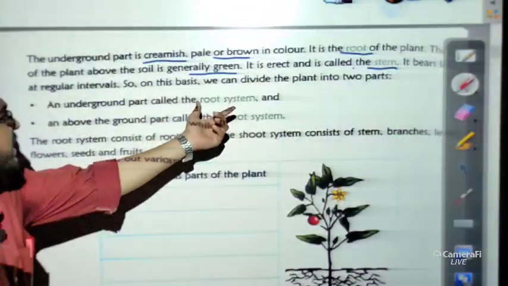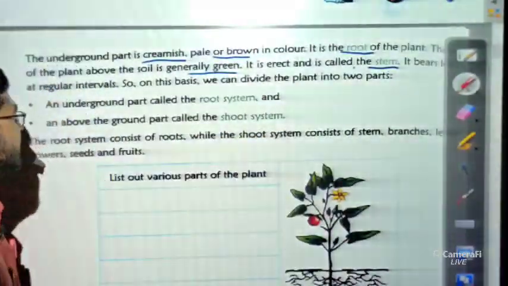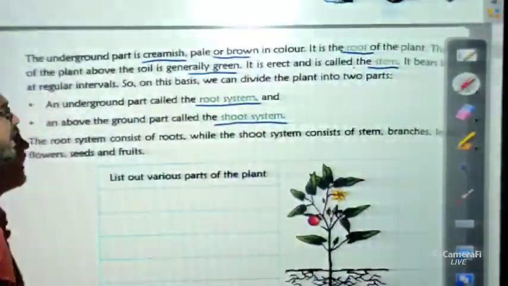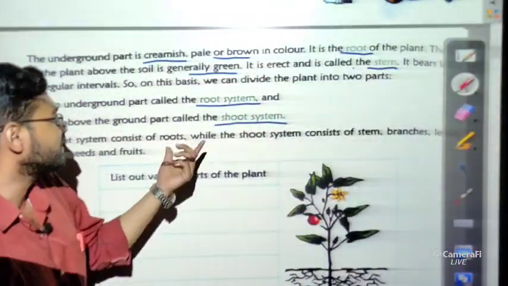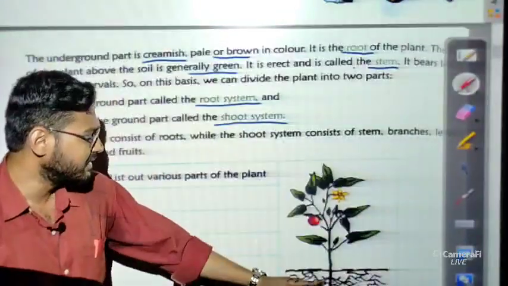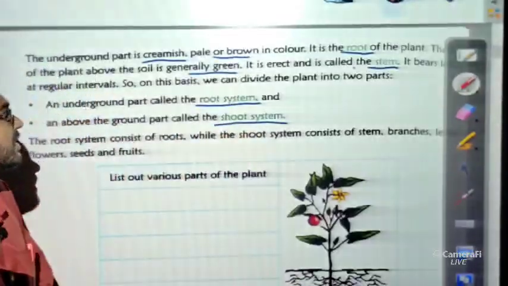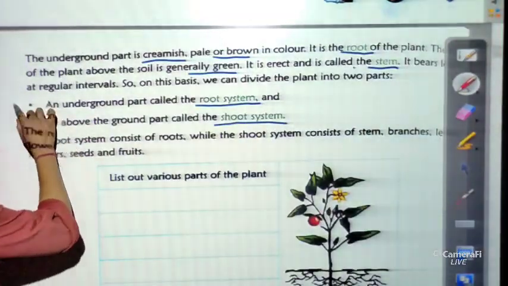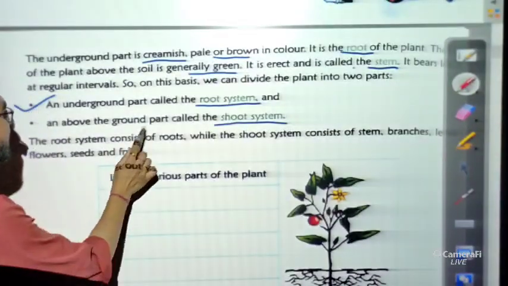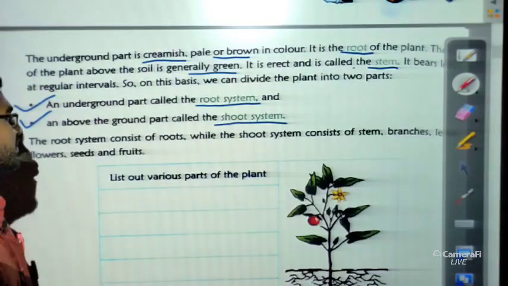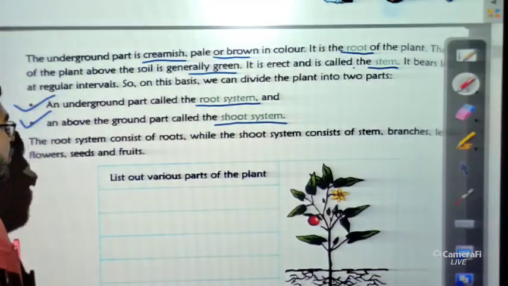On this basis we can divide the plant into two parts. We call them the root system and the shoot system. We have discussed what the root is: the part under the ground. The part above the ground we call the stem. The underground part is called the root system, and the above-ground part is called the shoot system. These two things, students, we are going to discuss in today's class.